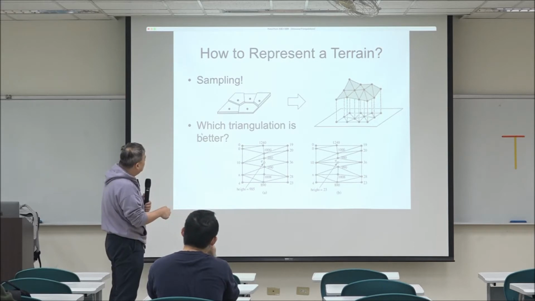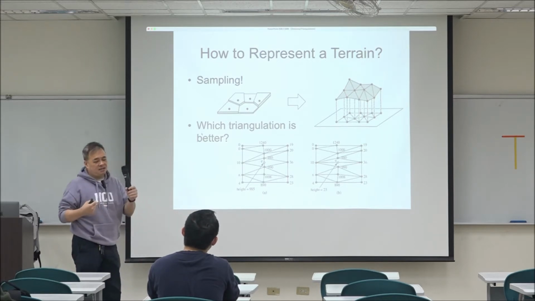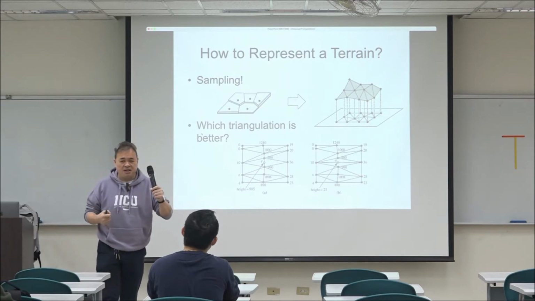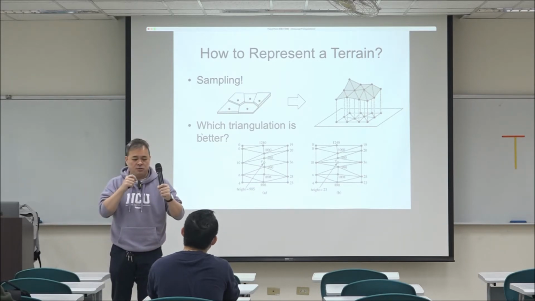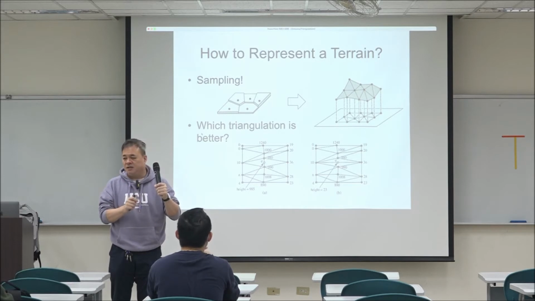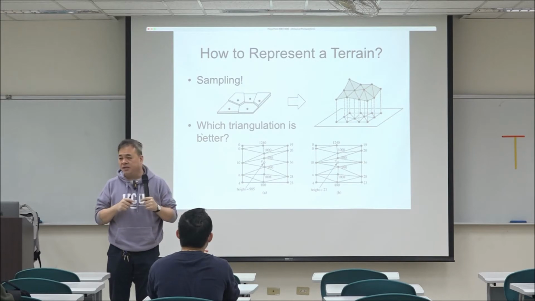We triangulate the sample points. Then for each triangle, we have the exact height of the 3 vertices, and we can use that to estimate the height of any point in that triangle by using interpolation.